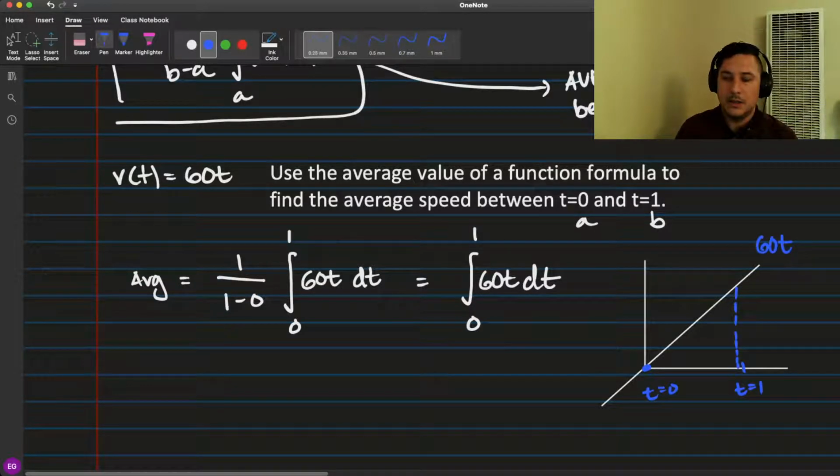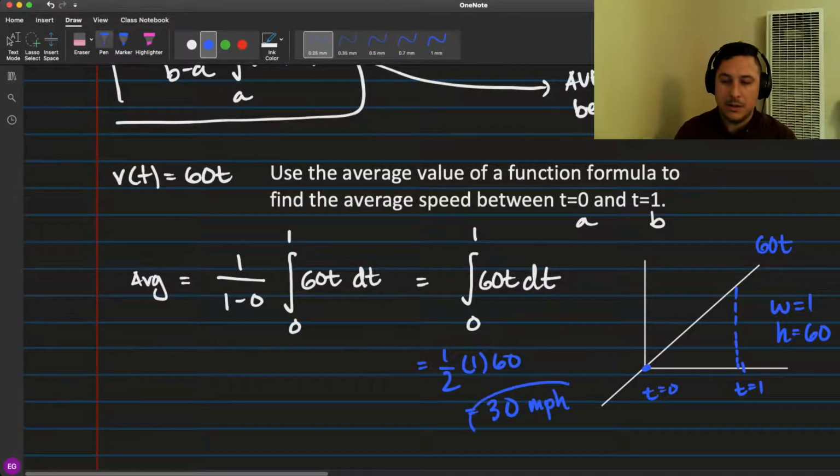Okay, so how wide is this? The width is 1, the height is 60. So the area will be 1/2 of base times height, average speed of 30 miles per hour. Boom.